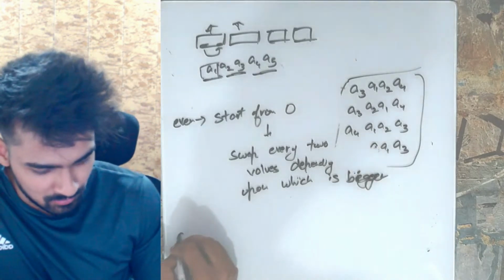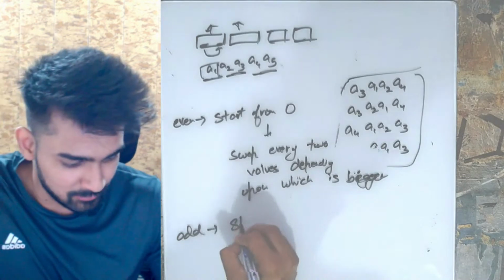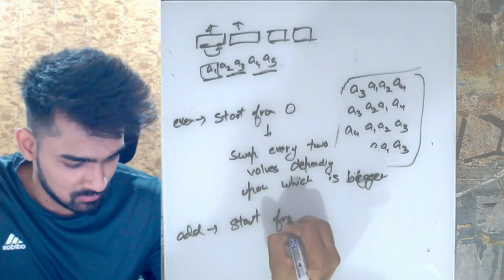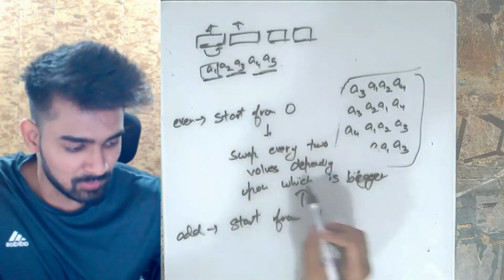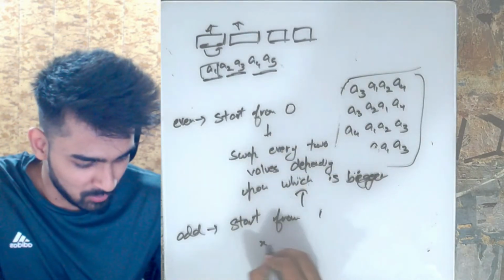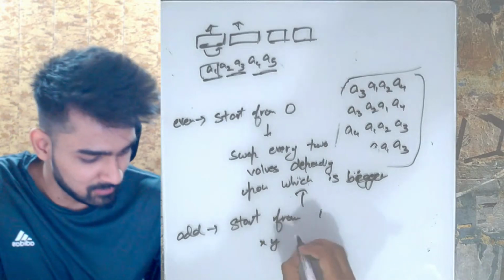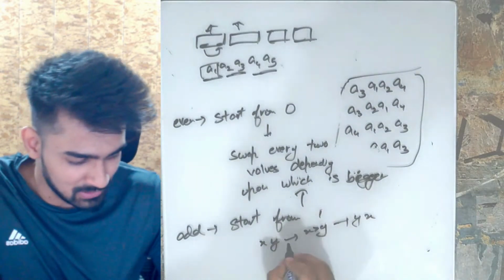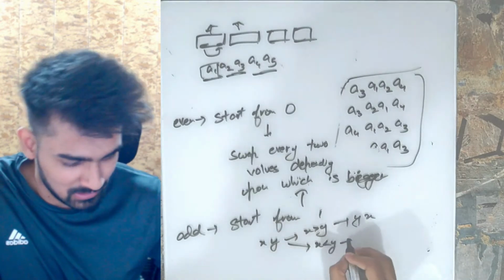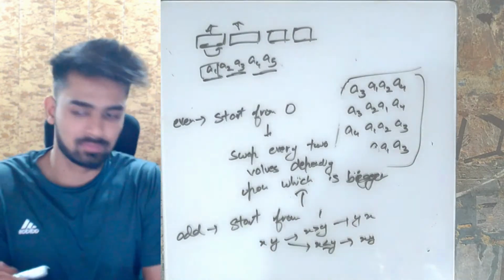If it is odd, then start from 1, and then do the same thing, swap every two values depending upon which is bigger. So if you have xy, and if x is greater than y, then make them yx. Otherwise, if x is less than or equal to y, then keep them xy only. That's it.